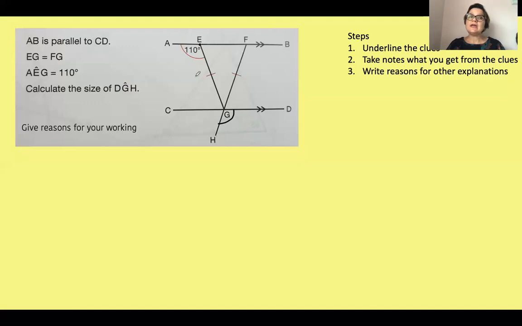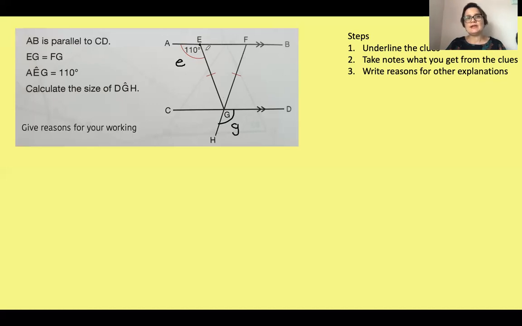Now, if you find the three-letter angles a bit challenging to remember, don't worry, there is a solution for that. I would advise you to relabel the angles with a lowercase letter. For example, angle AEG, I'm going to relabel with a lowercase e, and I'm going to relabel this one with a lowercase g. It just makes the work so much easier.